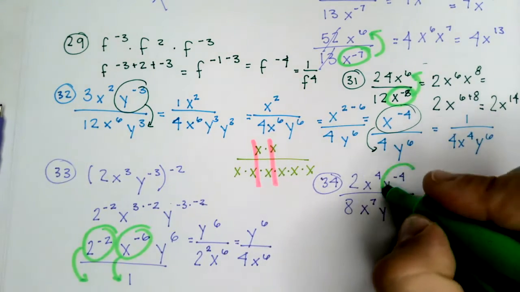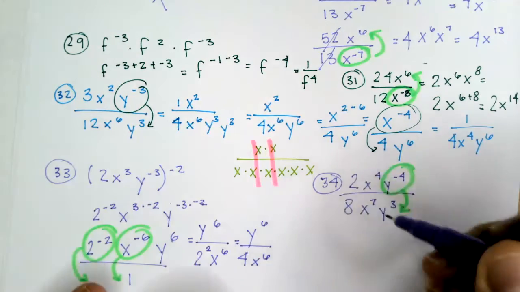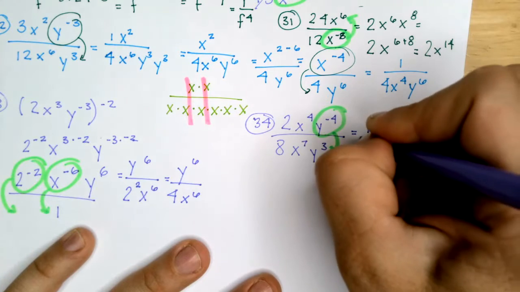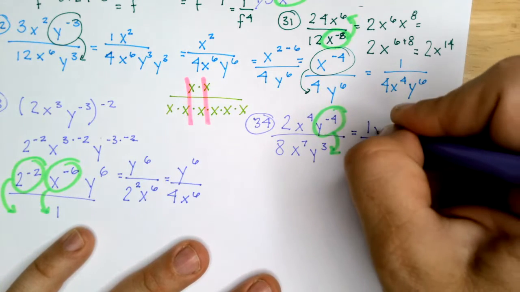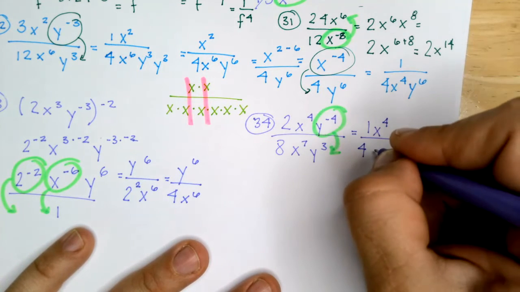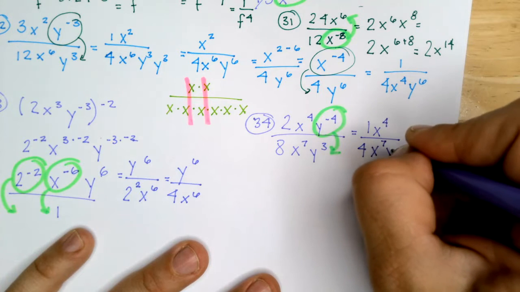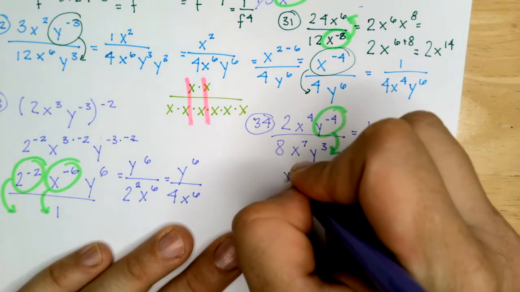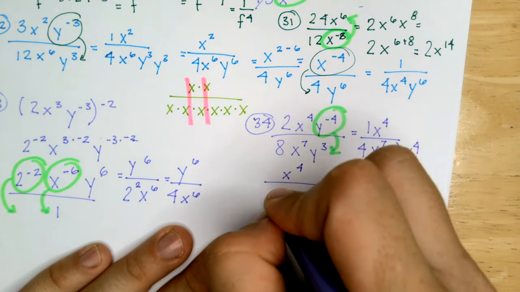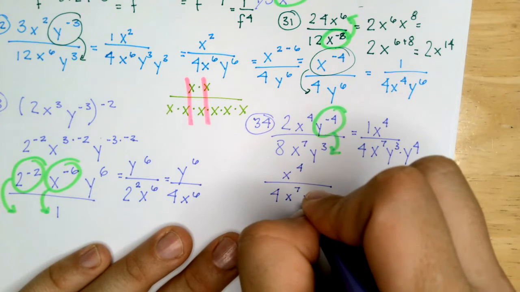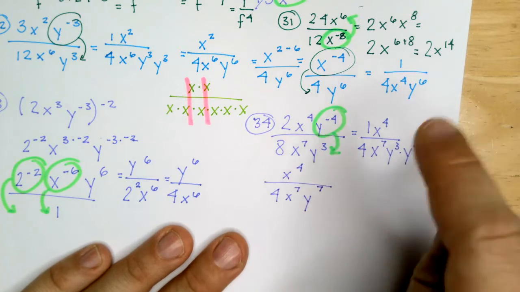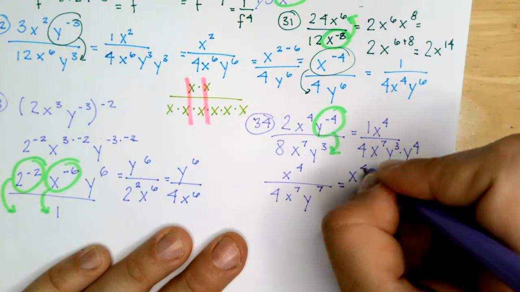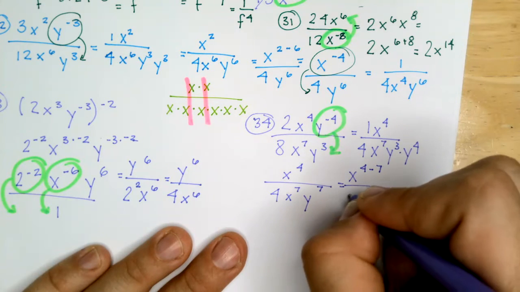First thing I see is I can reduce this. 2 and 8, if I divide them both by 2, I get 1 up on top and I get 4 on the bottom, right? X to the 4th on top, that y is on the bottom, so I have x to the 7th, y to the 3rd, y to the 4th. That becomes x to the 4th on top, 4 x to the 7th, y to the 7th, because 3 plus 4 is also 7.